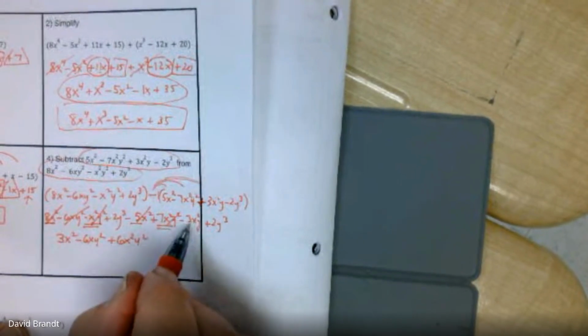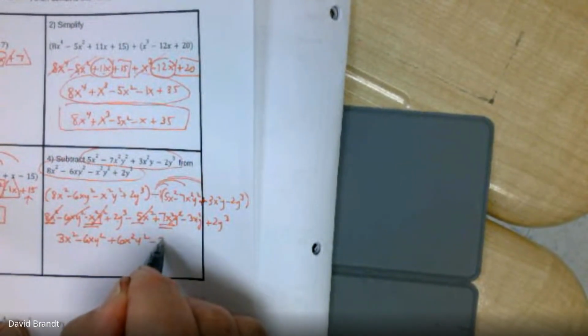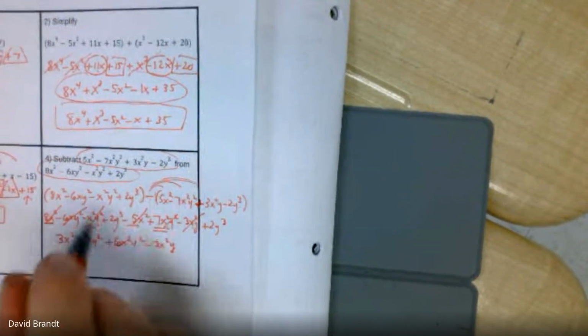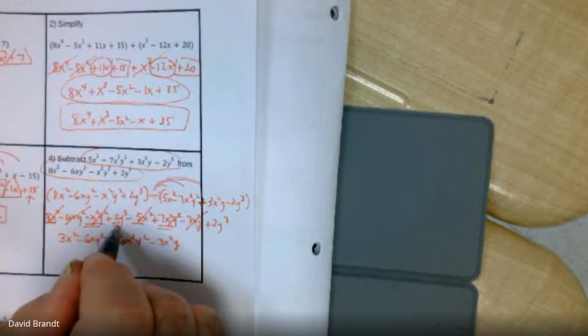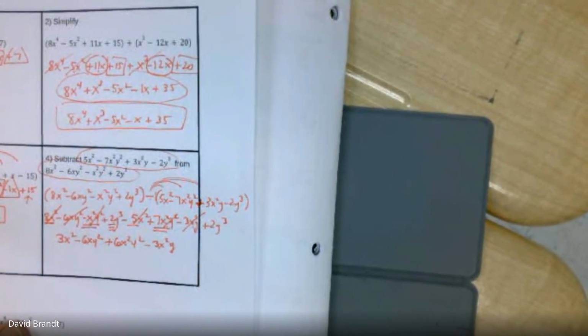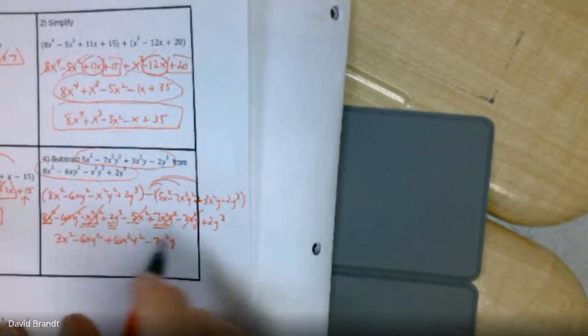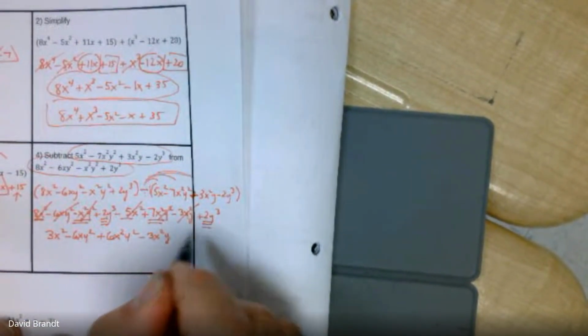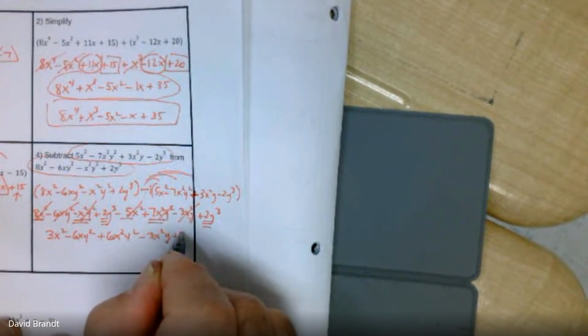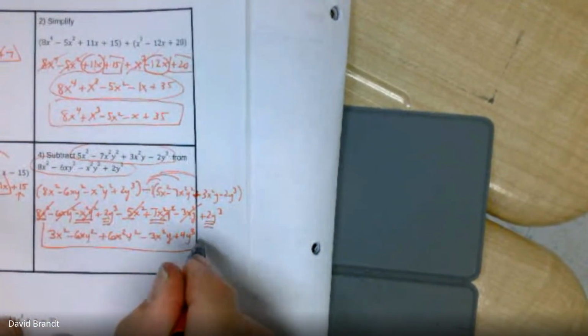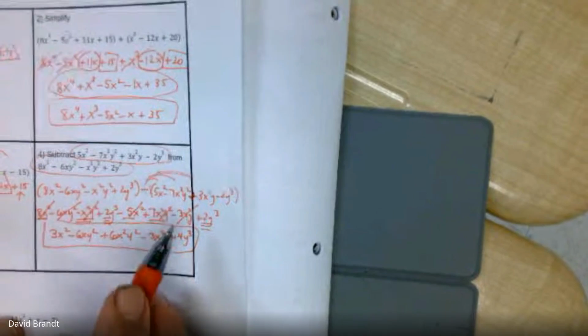I'm going to put the negative 3x squared y next. I'm going to cross that one out. That didn't have a like term to go with it. And finally, the positive 2y cubed is like terms with the positive 2y cubed. What does that make? Positive 4y cubed. So we're done. That one was messy.